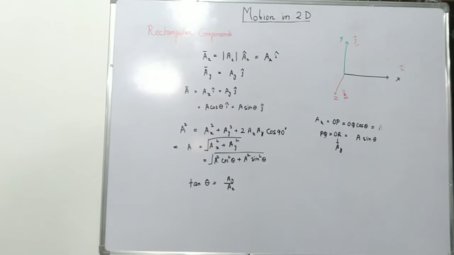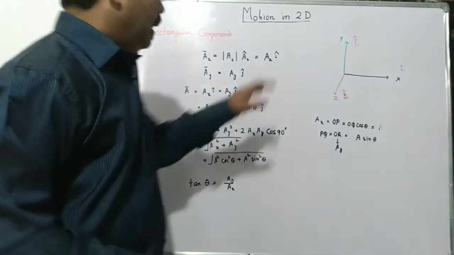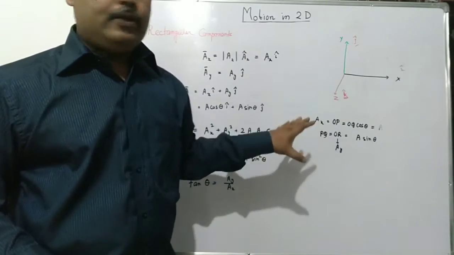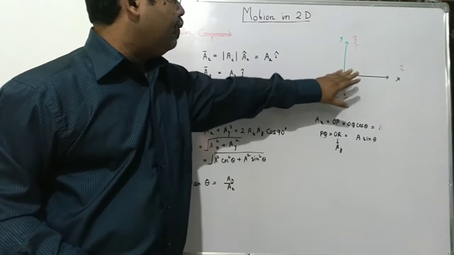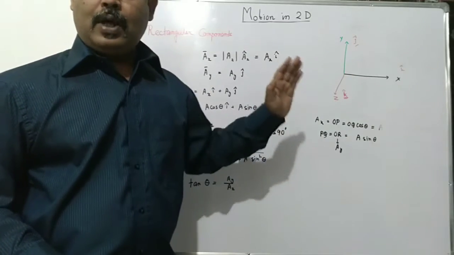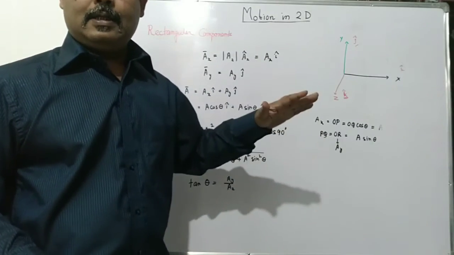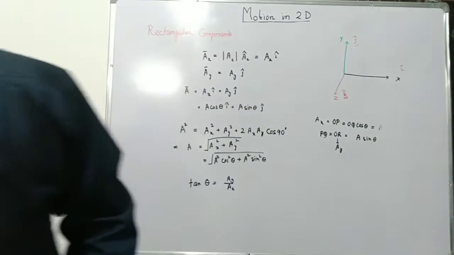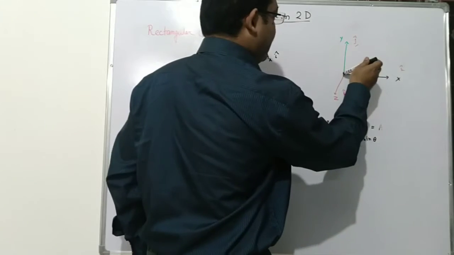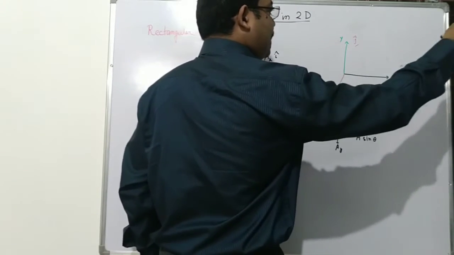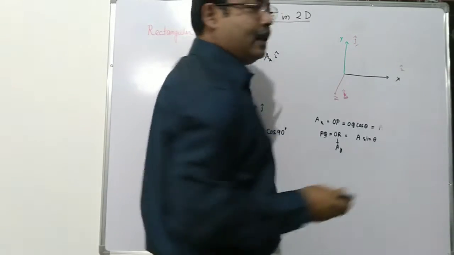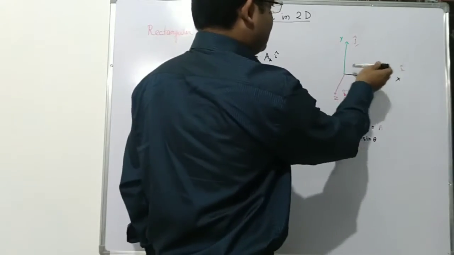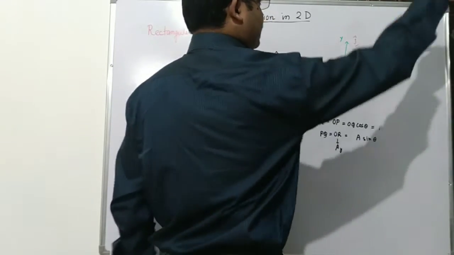So we can always resolve, as we have seen that we have been able to resolve a vector in 2 dimensions along the x and y axes, we can resolve a vector in 3 dimensions. Say we have a vector from this origin, along this direction, making some angle with the axes and also the z-axis.